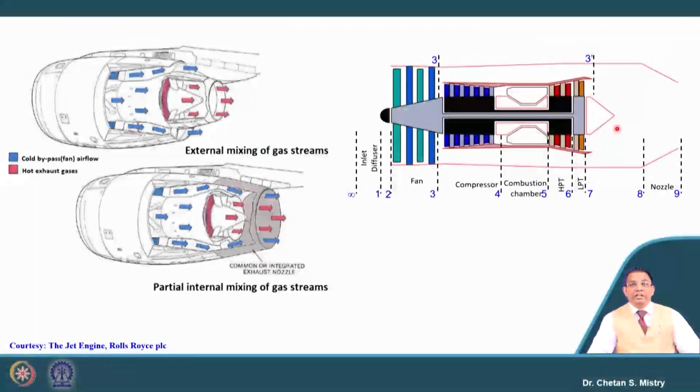In this case, this kind of configuration can be used for different engines that we have discussed. Do not get confused, here I can use a fan or fans. With this kind of configuration, I can go with low bypass ratio engines, medium bypass ratio engines, or high bypass ratio engines.